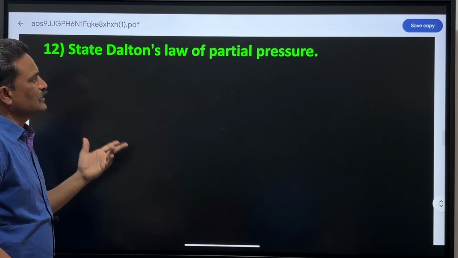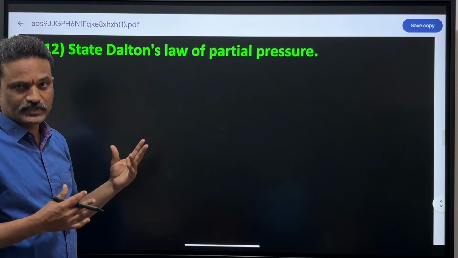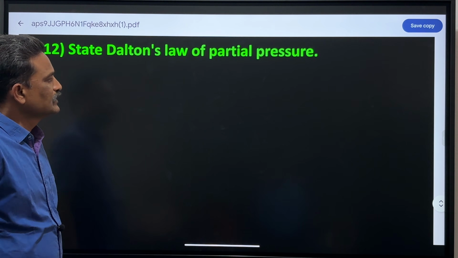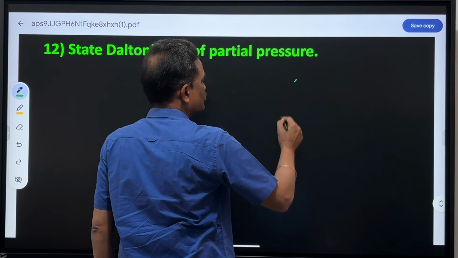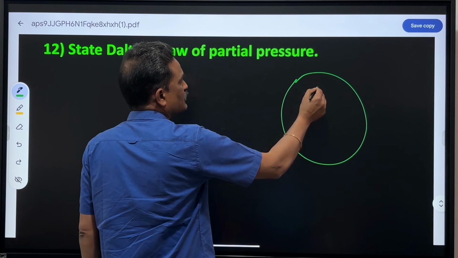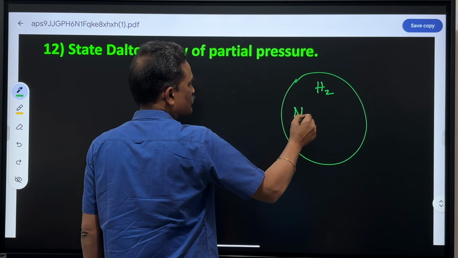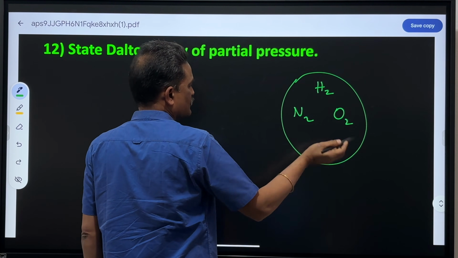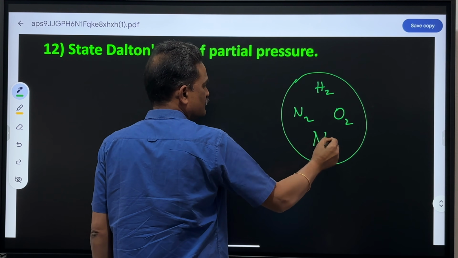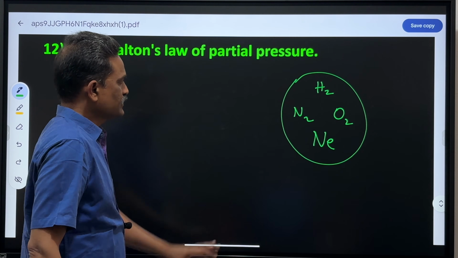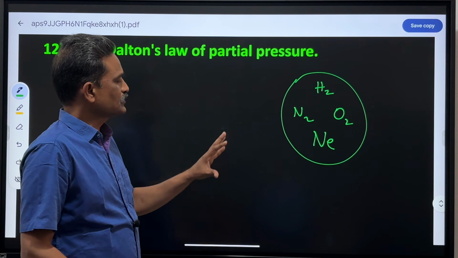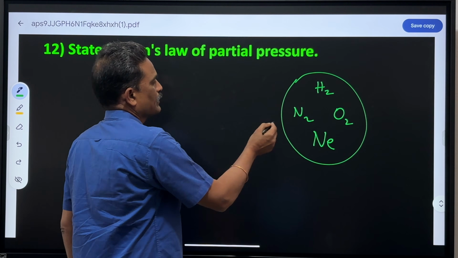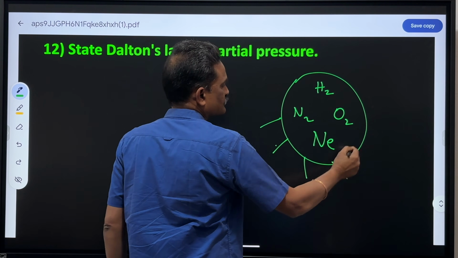State Dalton's law of partial pressure. This is also a chemistry question. For example, I take a cylinder consisting of many gases, for example, hydrogen, nitrogen, oxygen, and so on. Some neon. So it is a mixture of gas. So this mixture of gas exerts some pressure.